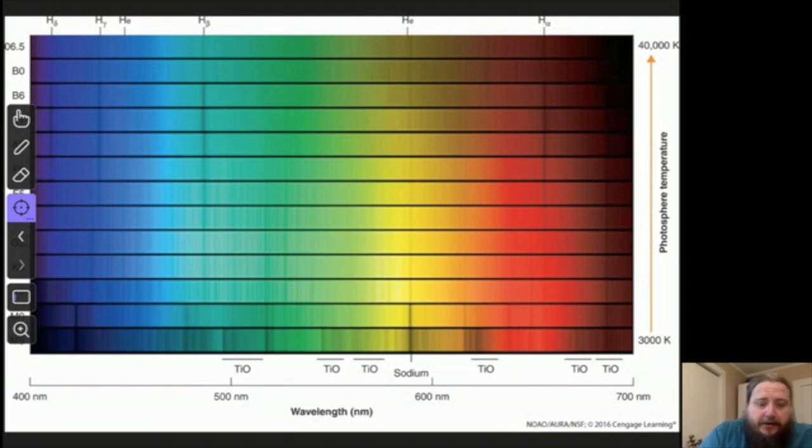And what we can see here is that these hydrogen transitions are strongest when the stellar temperature is roughly 10,000 Kelvin.